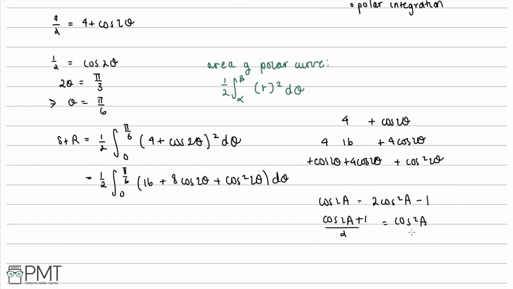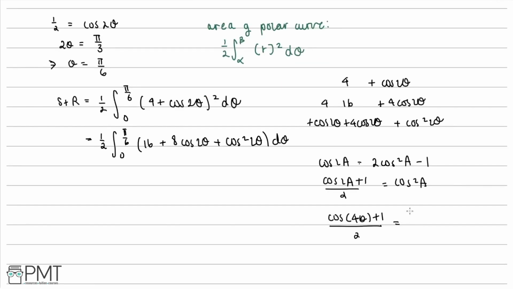Now, given this, if we let a be equal to 2 theta, we can find cos squared 2 theta in terms of cos 4 theta, as cos 4 theta plus 1 all over 2 will be equal to cos squared 2 theta. And thus we have it, an expression for cos squared 2 theta in terms of cos 4 theta. We can integrate this because we know the integral of cos 4 theta.